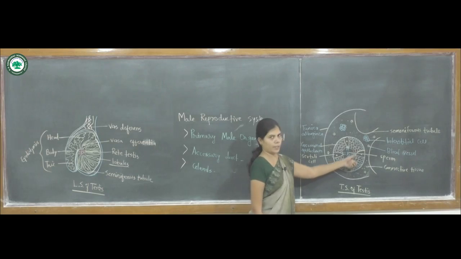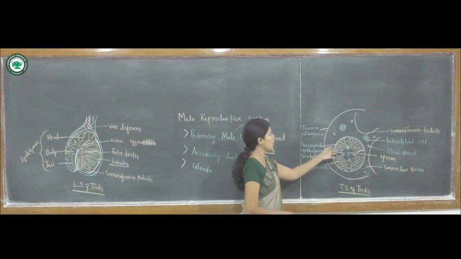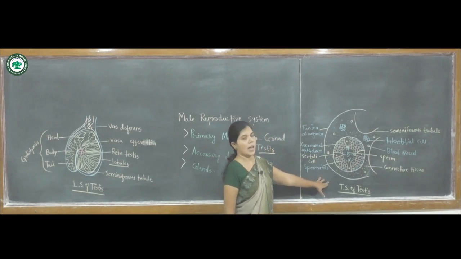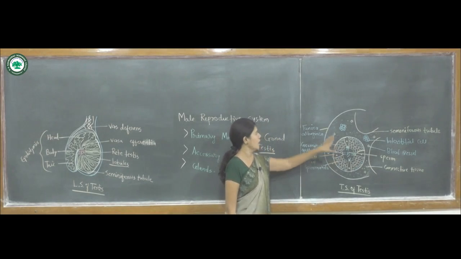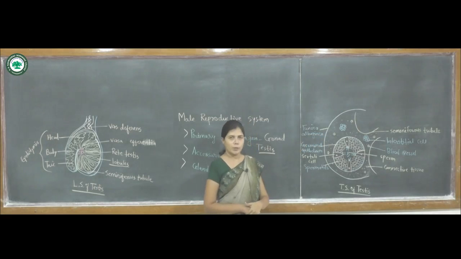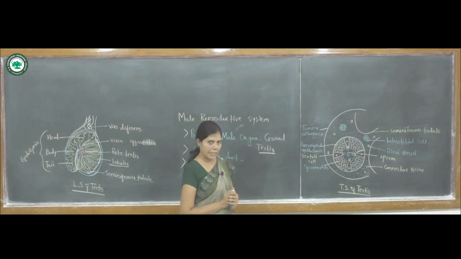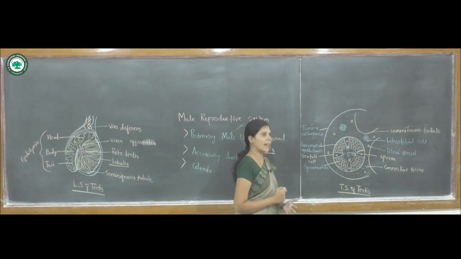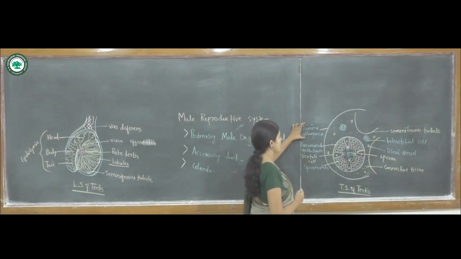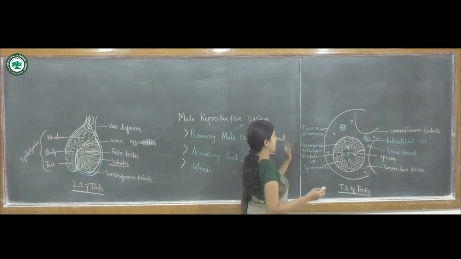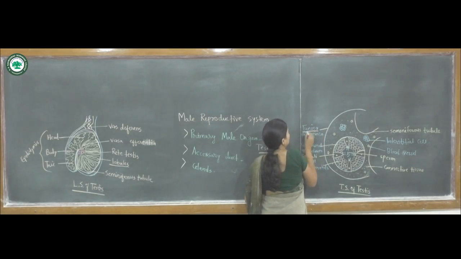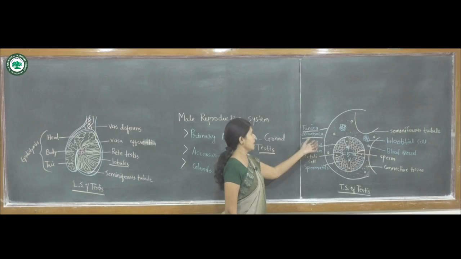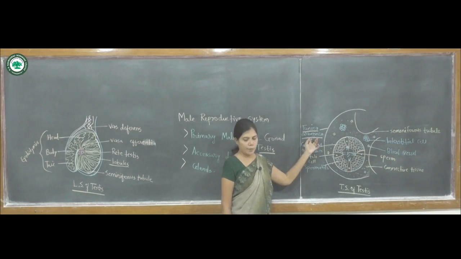Before going to the seminiferous tubule, the TS of testis is made up of collagenous connective tissue, which means the wall of the testis is made up of collagenous connective tissue, and that wall is known as the tunica albuginea.